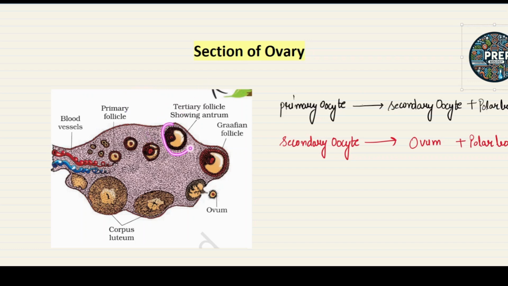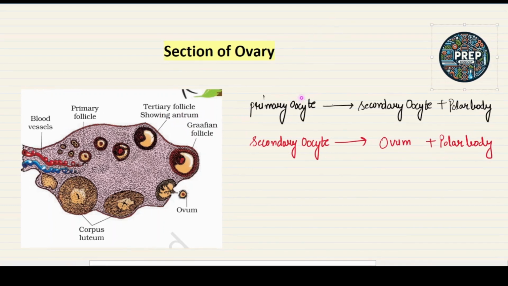Now the secondary follicle converts into the tertiary follicle and it contains a special fluid-filled cavity that is called the antrum. Okay, now we know that in the primary oocyte, the first meiosis will take place and it will convert into the secondary oocyte and the first polar body.